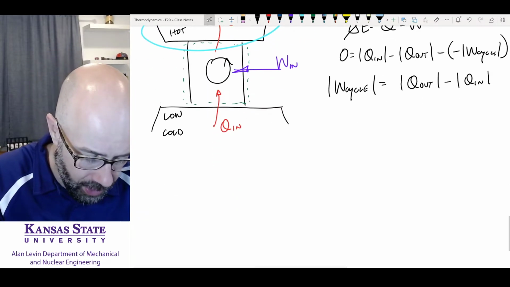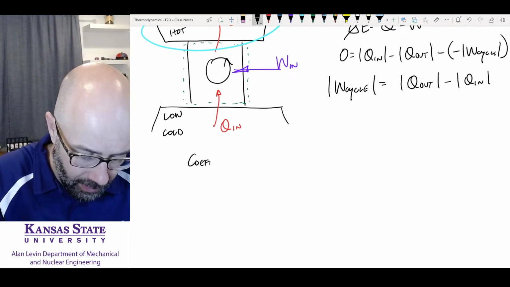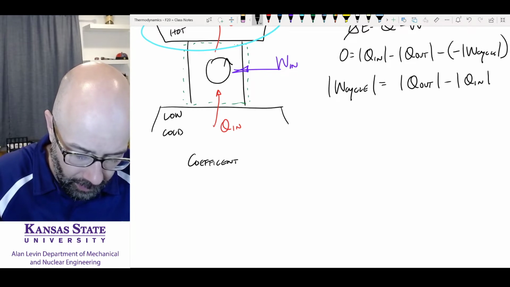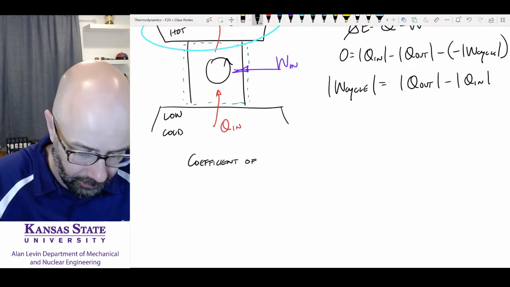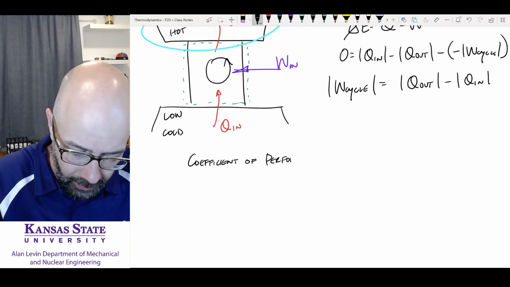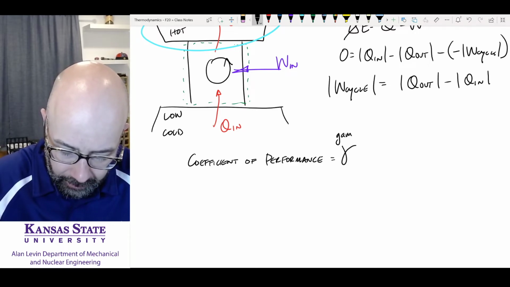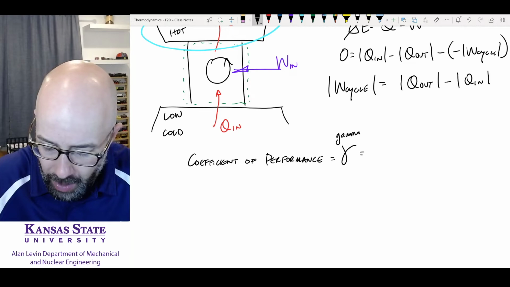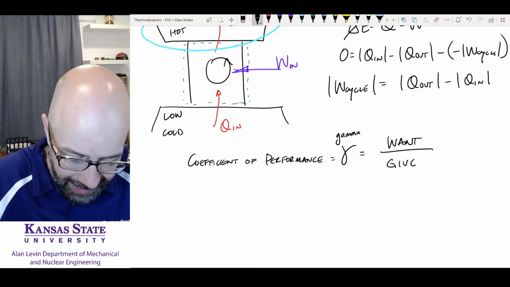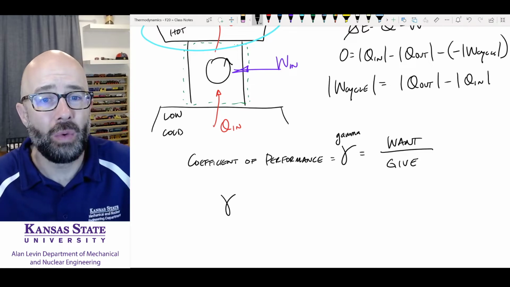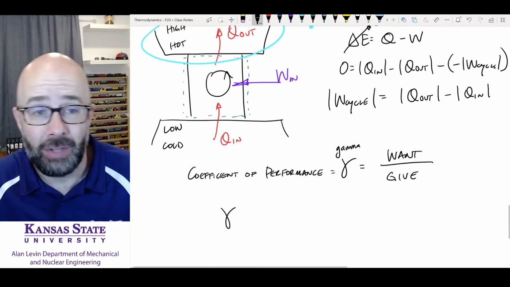Okay? The coefficient of performance, which we're going to call gamma. It's still going to be what do we want over what do we have to give. But in this situation, what we want is for us to pump heat.